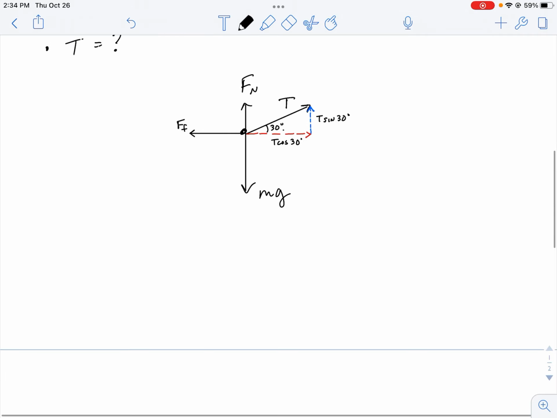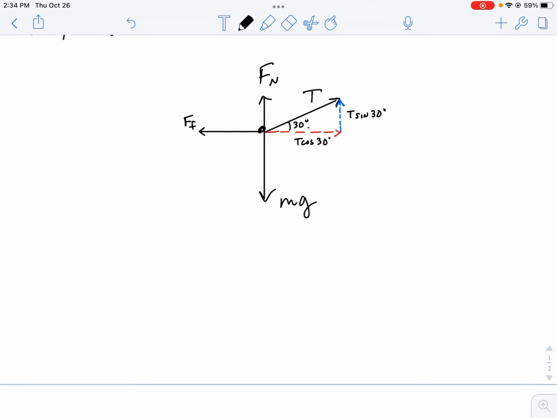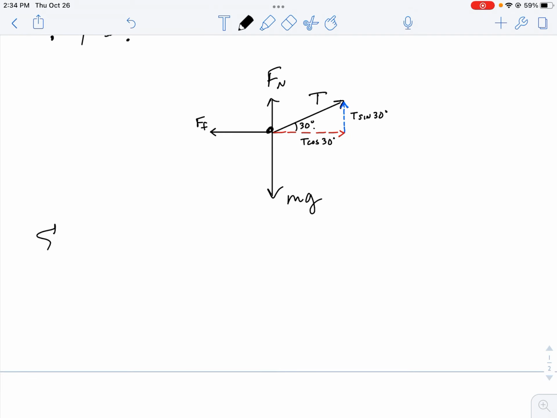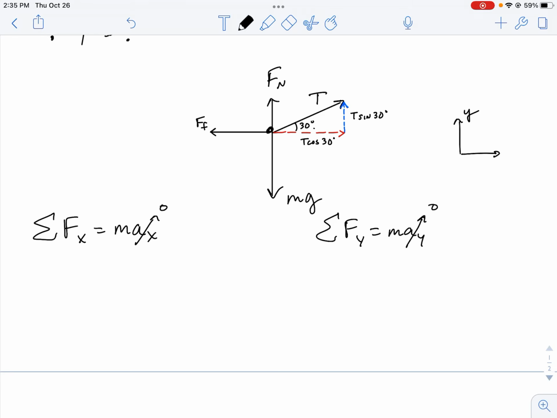Okay, and now let's go ahead and write 2 equations. Sum of the forces in the x direction equals max, and sum of the forces in the y direction equals may. Now this object is not accelerating horizontally and it's not accelerating vertically, so really the sum of the forces in each direction is 0. This is y and this is x for the sake of this problem.